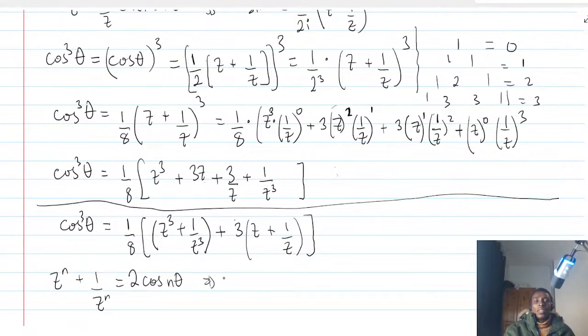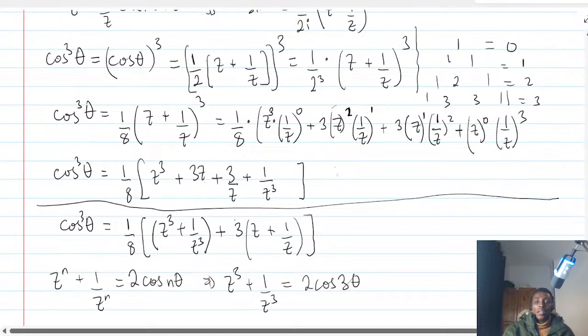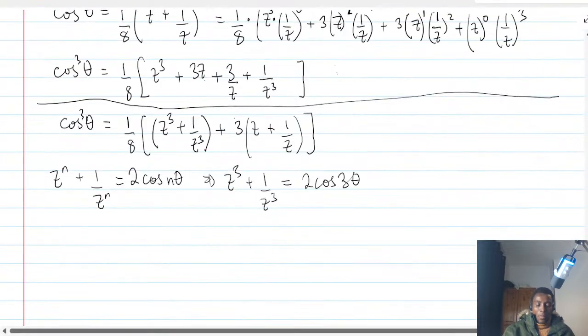Meaning that Z cube plus 1 over Z cube will be what? 2 cos 3 theta. And then Z plus 1 over Z will be the special case, which is 2 cos theta. So simply put, Z plus 1 over Z is 2 cos theta. All right.